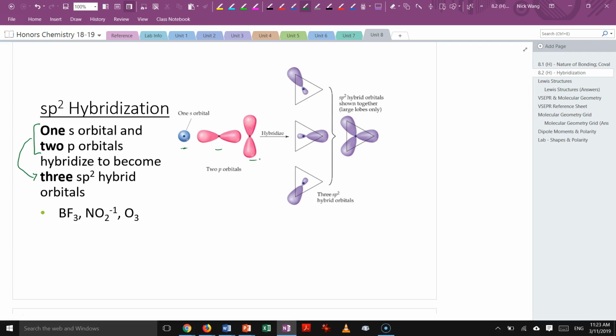It undergoes hybridization, and you get one that looks like that, another hybrid orbital that looks like that, another that looks like that. This is a single sp2 hybrid orbital. This is a single sp2 hybrid orbital. This is another sp2 hybrid orbital. And all together, these are not individual orbitals. These all together form this triangular shape, which makes sense because that's the 120 degrees that you might see of certain things that have sp2 hybridization.